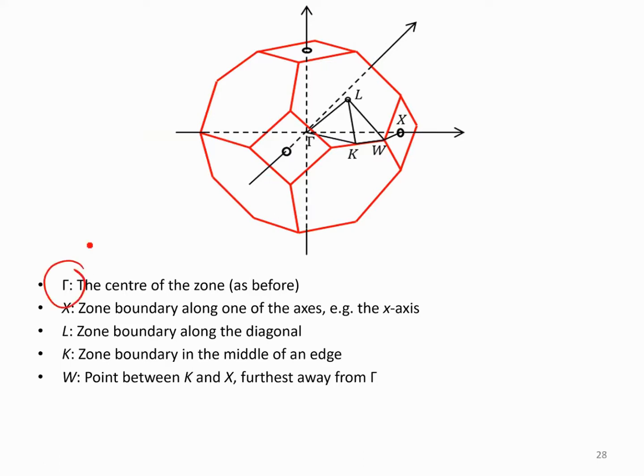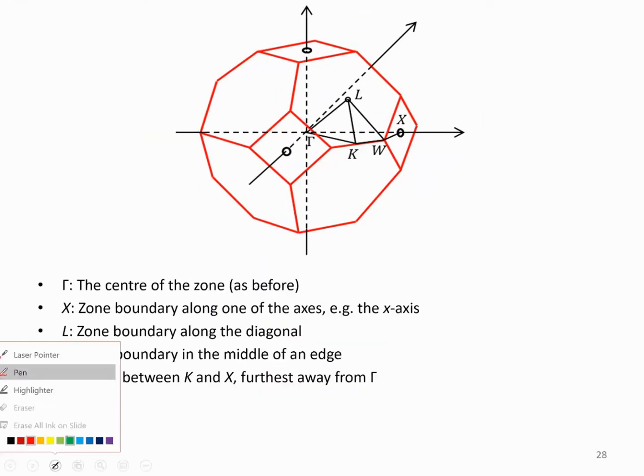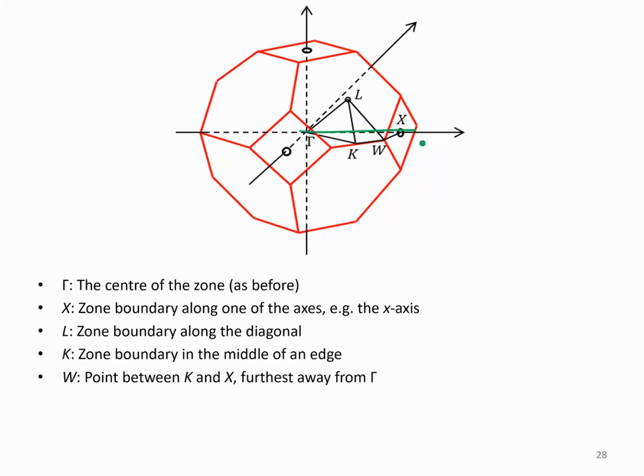This symbol represents the center of the zone. Okay. Then this X represents the zone boundary along one of the axes. Okay. So that means that this here to here is X. Okay, I use a different color. From here to here is X. From here to here is also X. From here to here is also X.